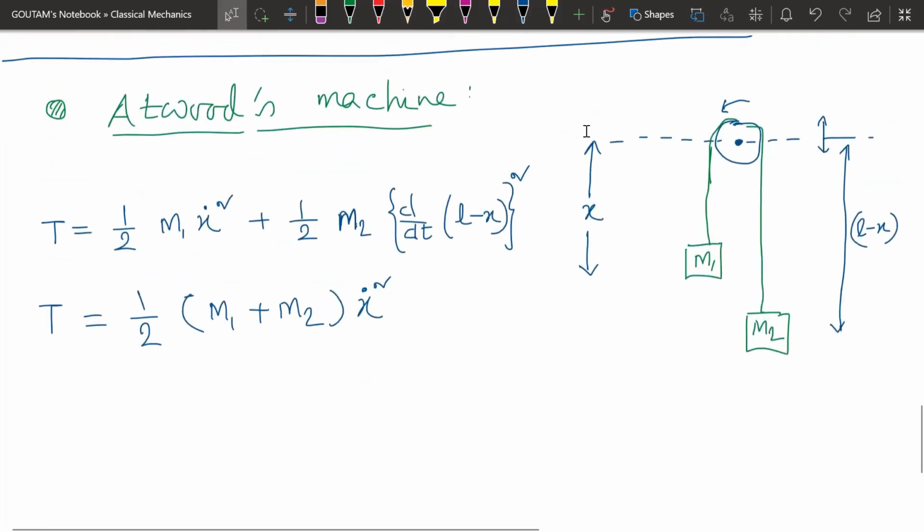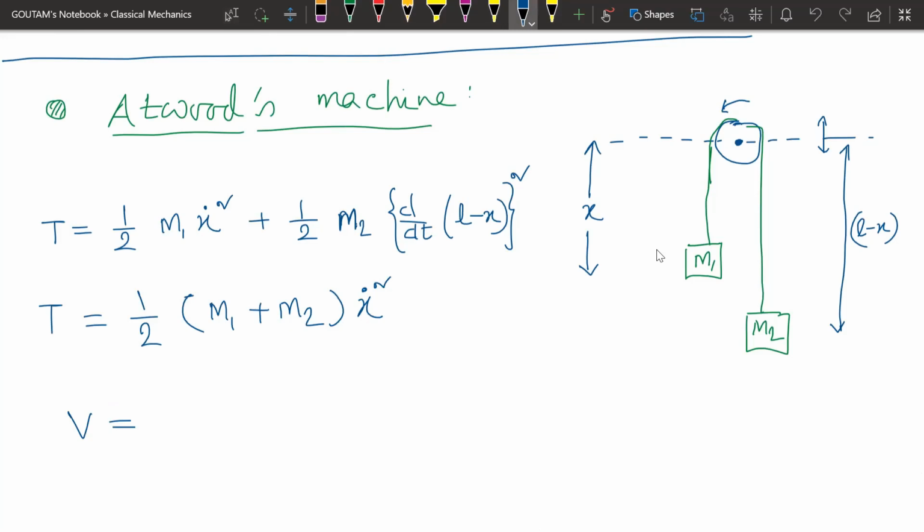So let's treat this line as zero potential line. So in that case, the total potential energy is the potential energy of M1 and potential energy of M2.